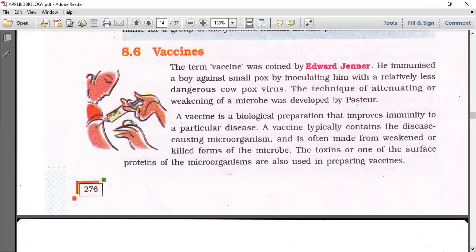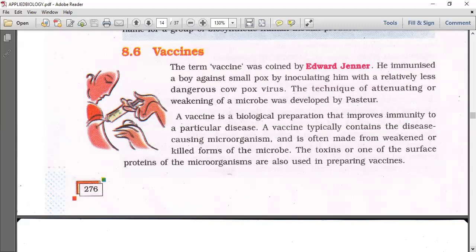When dairy farm people start moving closely with the cow while withdrawing the milk, they are infected with the cowpox virus.